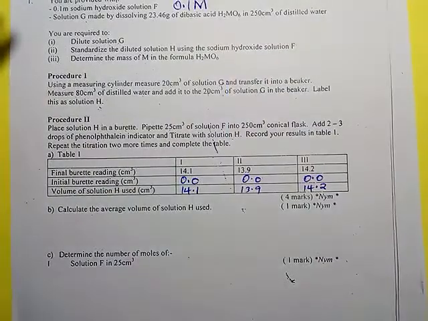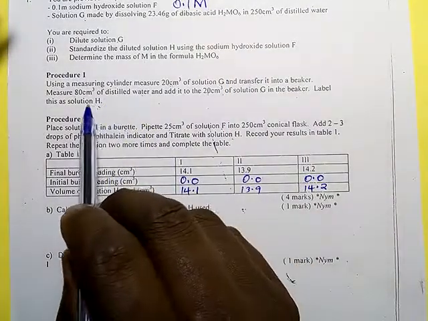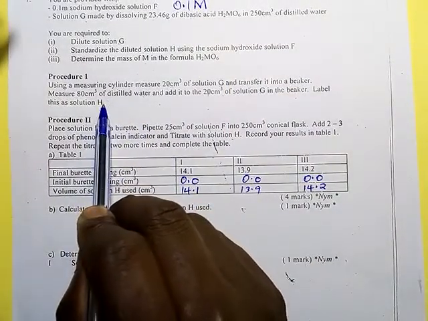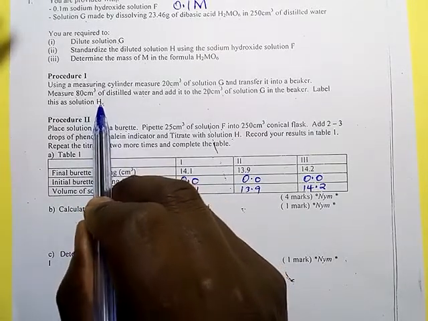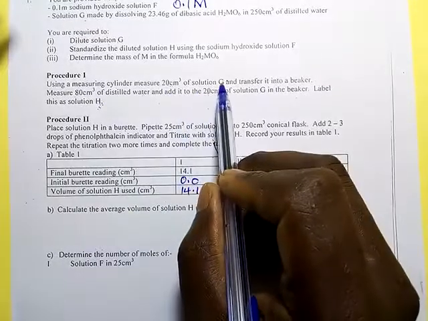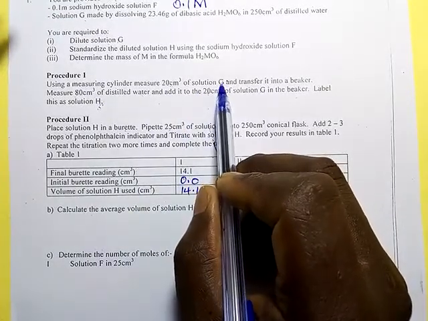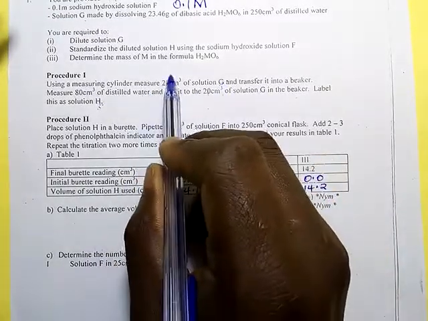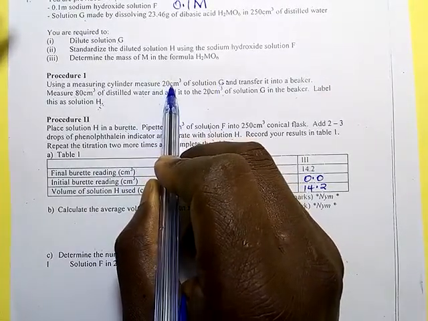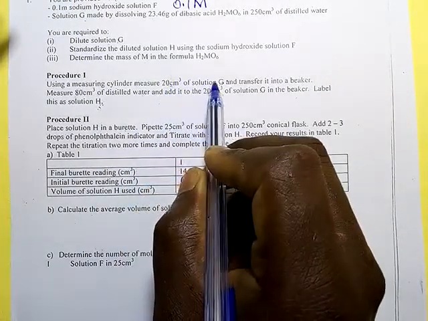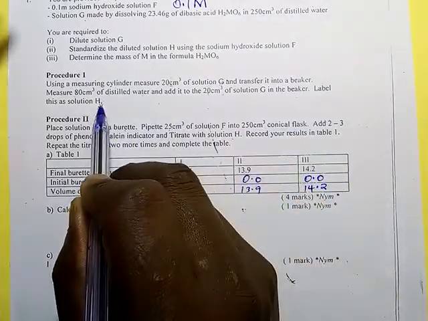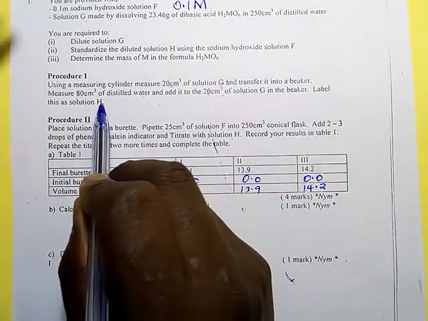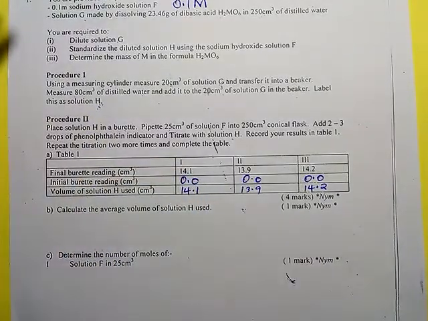The only difference is that H has been diluted, so the concentration for H is different from the concentration of G. But the number of moles in 20 centimeters cube of the original solution G will be equal to the number of moles in 100 centimeters cube of solution H. Note that. Let me repeat that once again.